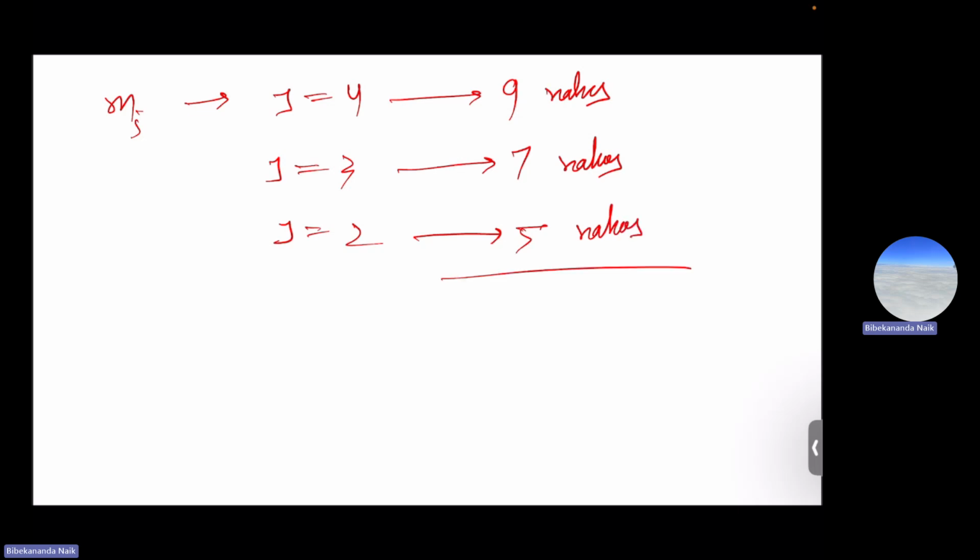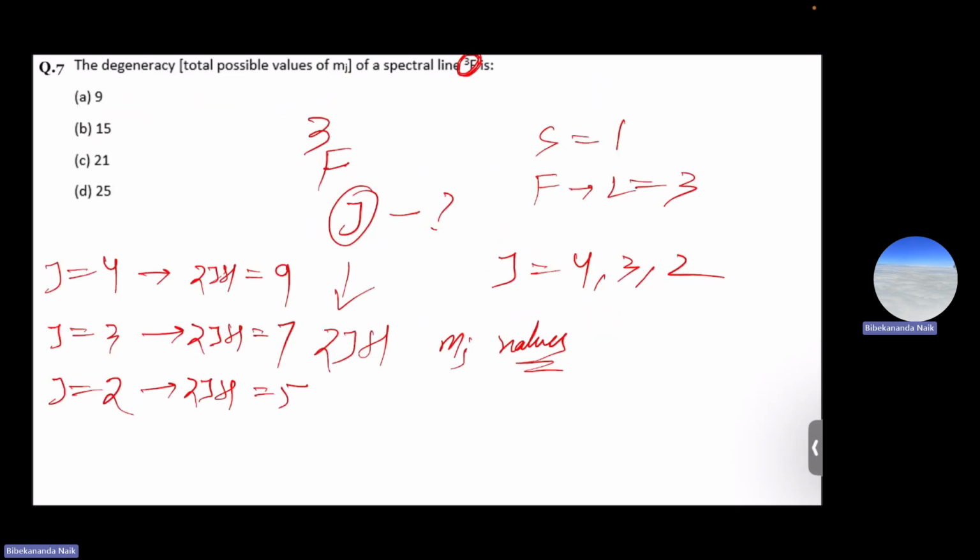So the total is 9 plus 7, 16, plus 5, 21. So there are 21 values of Mj corresponding to the level 3F. The correct option is option C, 21.